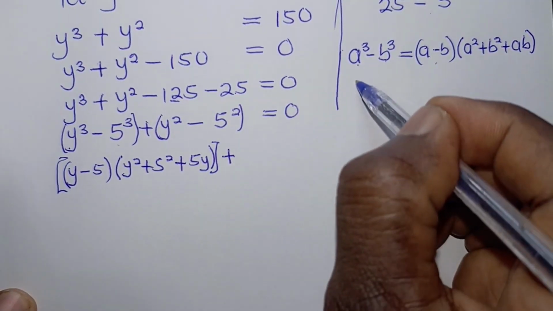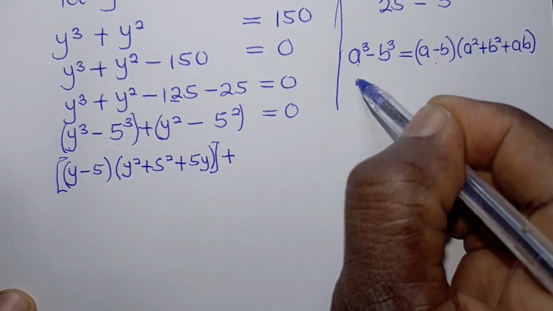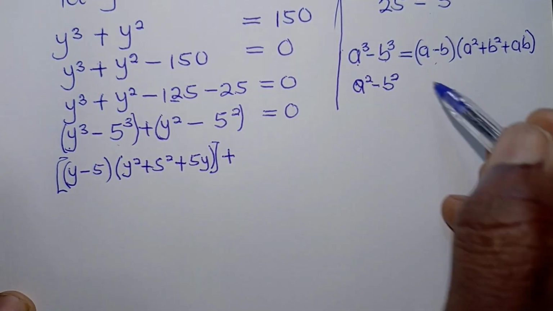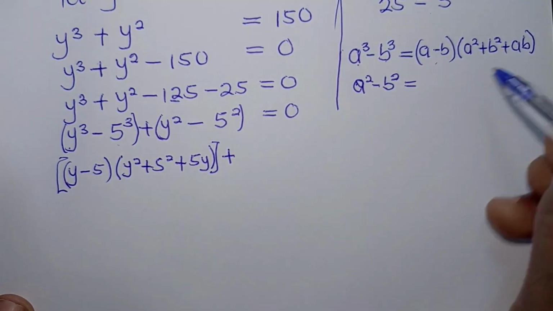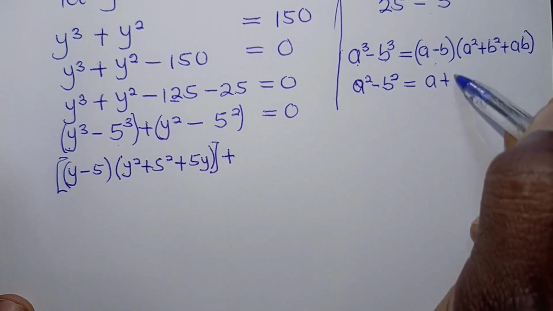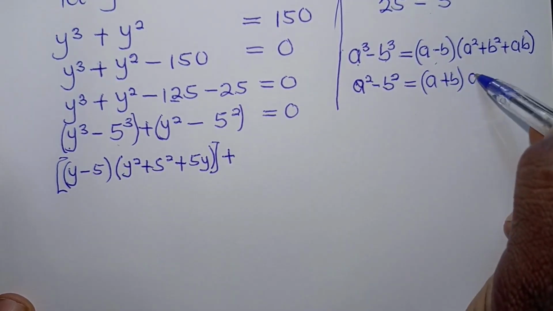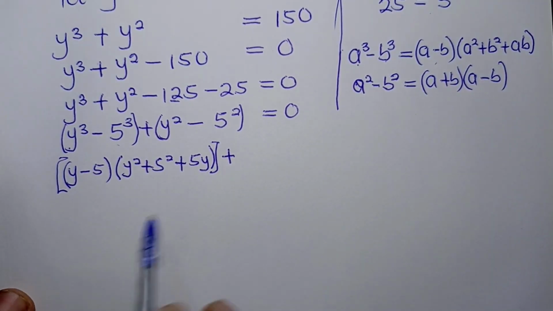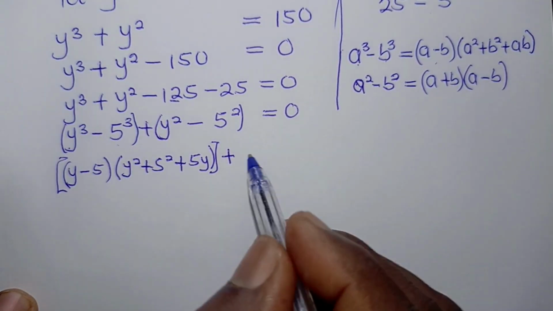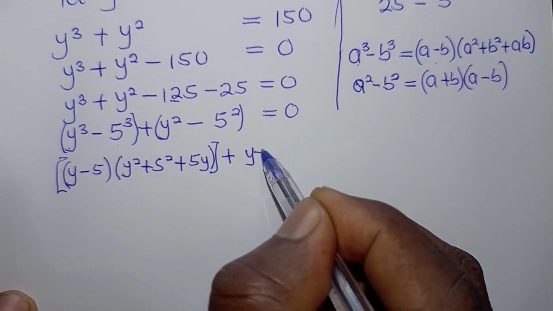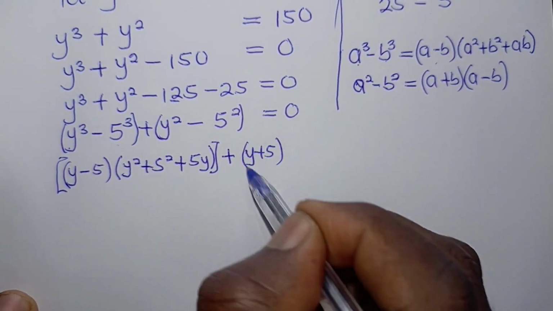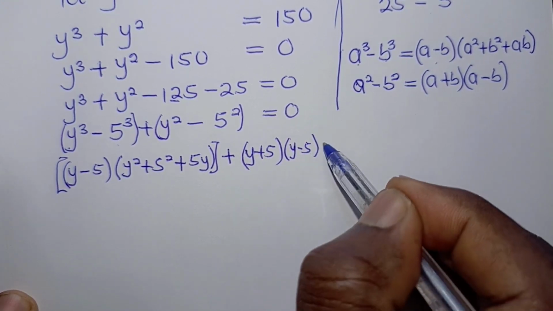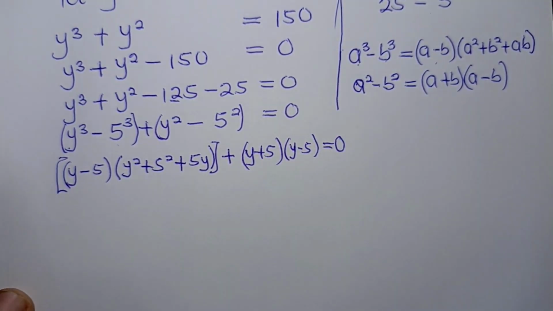So y squared minus 5 squared can also use this identity. If I have a squared minus b squared, it will equal a plus b and a minus b, bracket close. So applying that, this can be written as y plus 5 and y minus 5. So this equals 0.